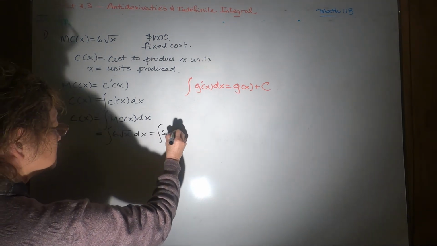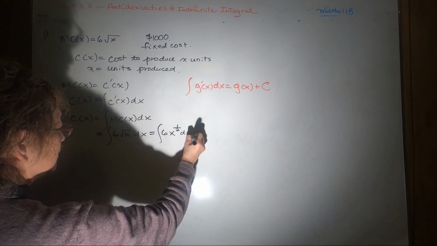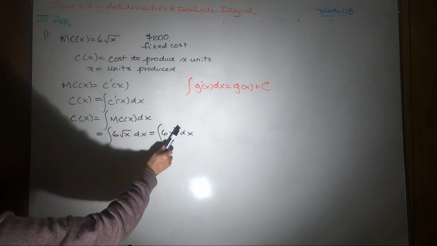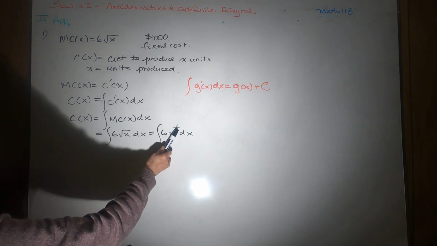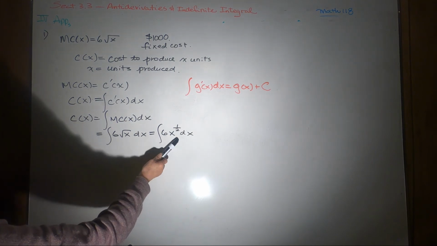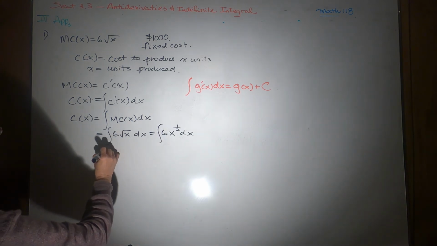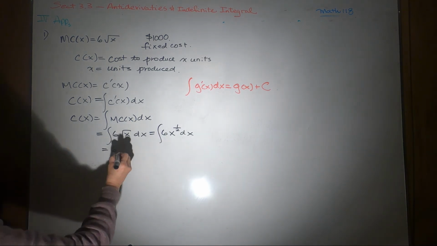So this is x to the one half. You have to change everything to a power. If the power is one half, can we use the power rule? Yes, right? Also the constant multiple rule. So we take the 6 outside.